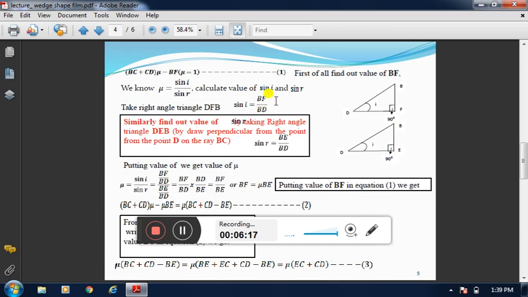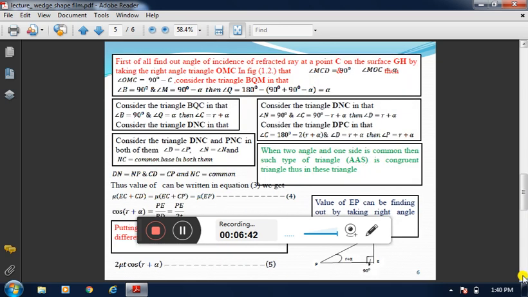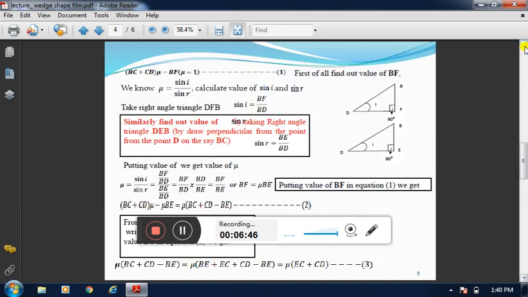We substitute this value in equation 1. Then what happens? BC plus CD minus mu BE. From the diagram we know BC is equal to BE plus EC. Dear student, we substitute the value of BC from the above equation.